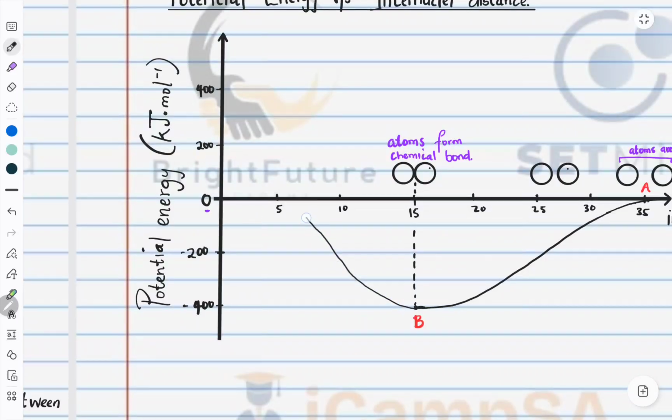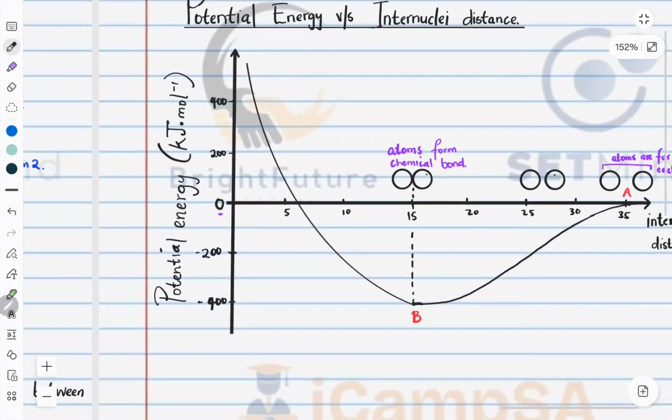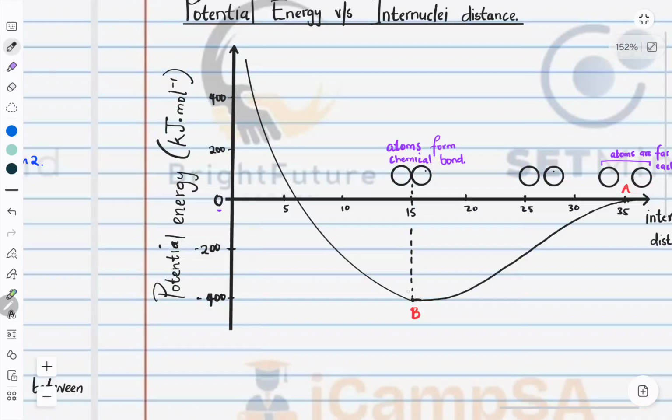If we keep pushing them closer to one another for whatever reason, or if something else pushes them, the potential energy will start increasing again. So it becomes a bit unstable. That's what happens when we keep pushing them even further.